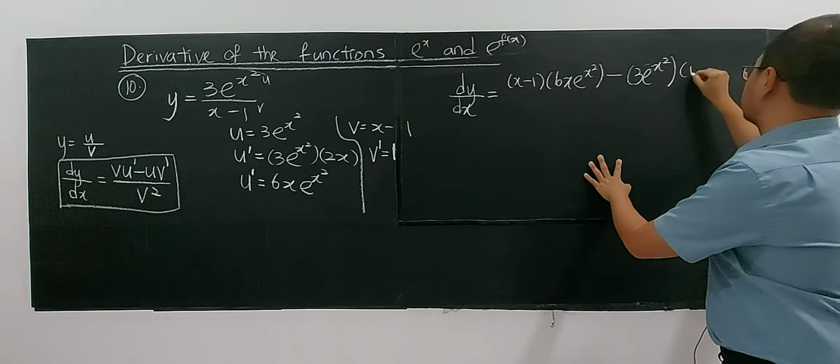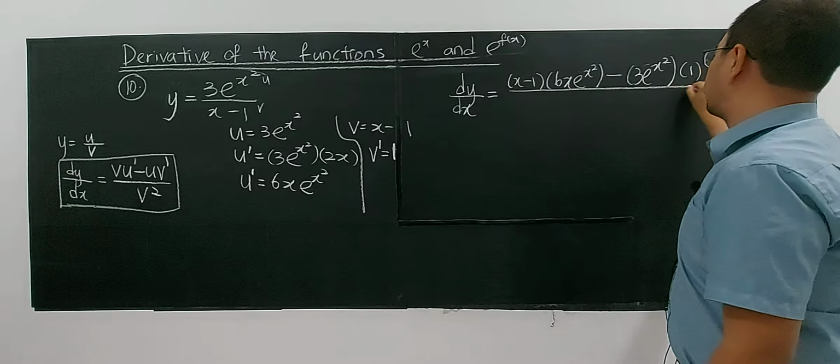V prime is 1, right? Everything divided by v squared.